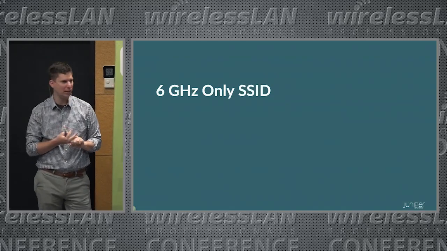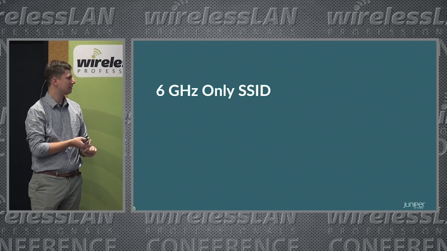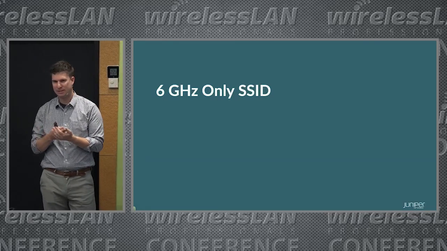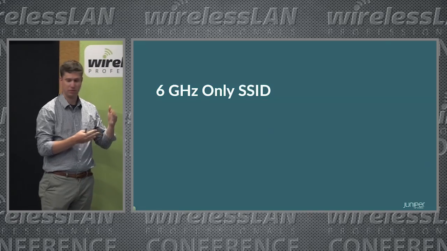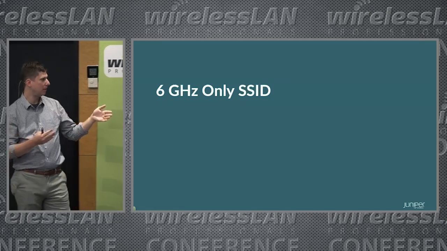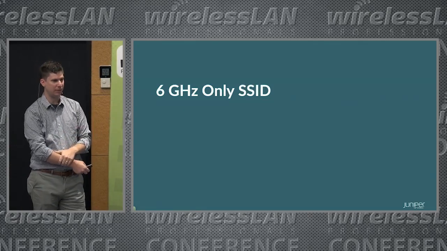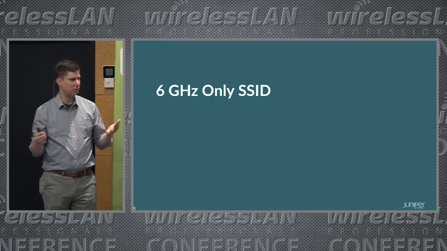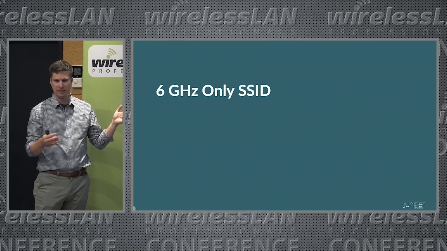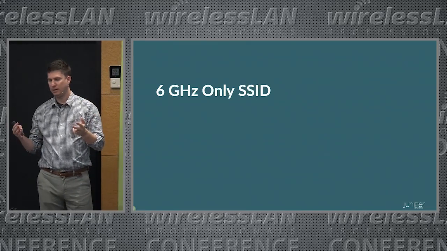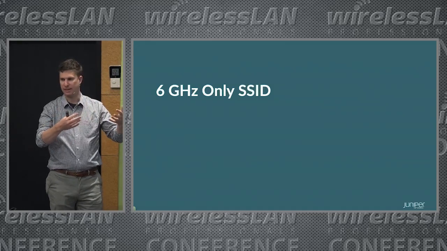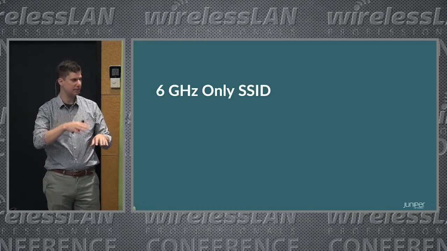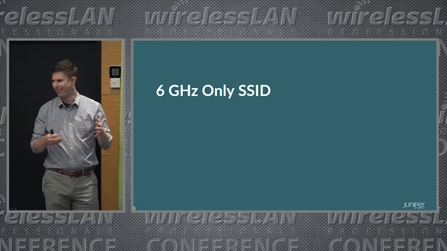Credit to the client devices, there have been a lot of improvements to 6 gigahertz discovery in the past 12 months. Even the past 6 months, since I talked at WLPC in Phoenix, there's been a lot of improvements. iOS 17 and the latest macOS now discover 6 gig only SSIDs that have no 2.4/5 assistance, if you give them long enough.